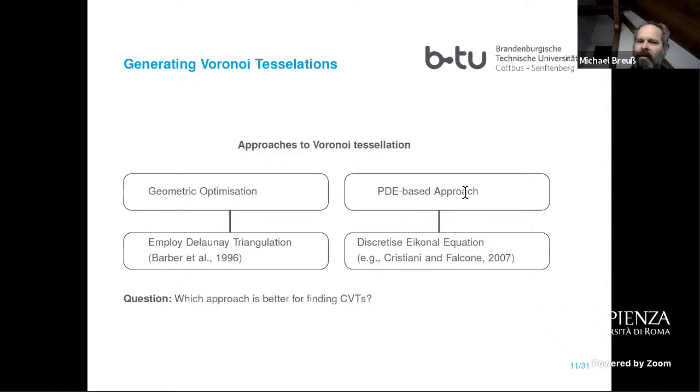Which approach is now better for finding centroidal Voronoi tessellations for such a potential application where you have fancy structures? Because you don't have convexity or whatever of your structures in general. And then you realize when you look into these details that these approaches are really very different.